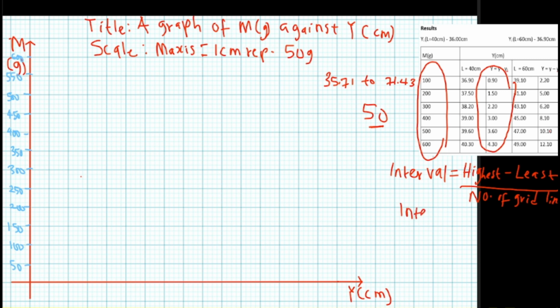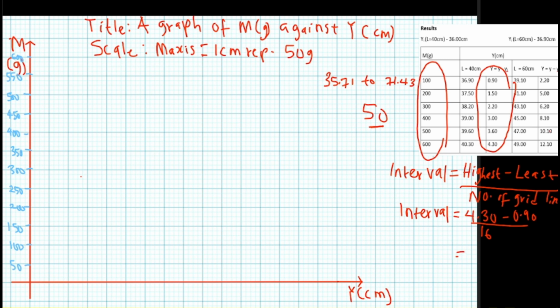So we have interval equals, what's the highest value we have here for the horizontal that we want to plot here? The highest value is 4.3 and the least value is 0.9. So we have 4.30 minus 0.90 divided by the number of grid lines we counted, the bold grid lines we counted for the horizontal, which was 16.